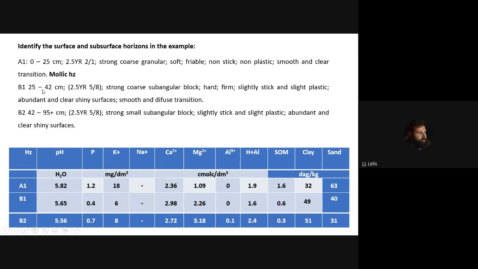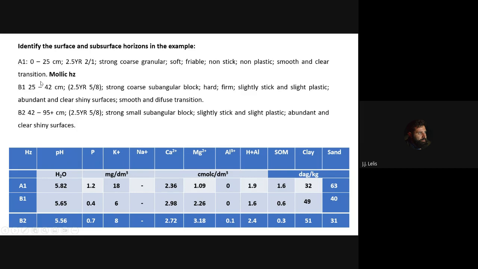So we shouldn't calculate the ratio between B2 and A1. We can't compare them, the ratio we calculated shouldn't be interpreted, and we should use the B1 horizon, because B1 is too thick to allow us to compare B2 and A1.